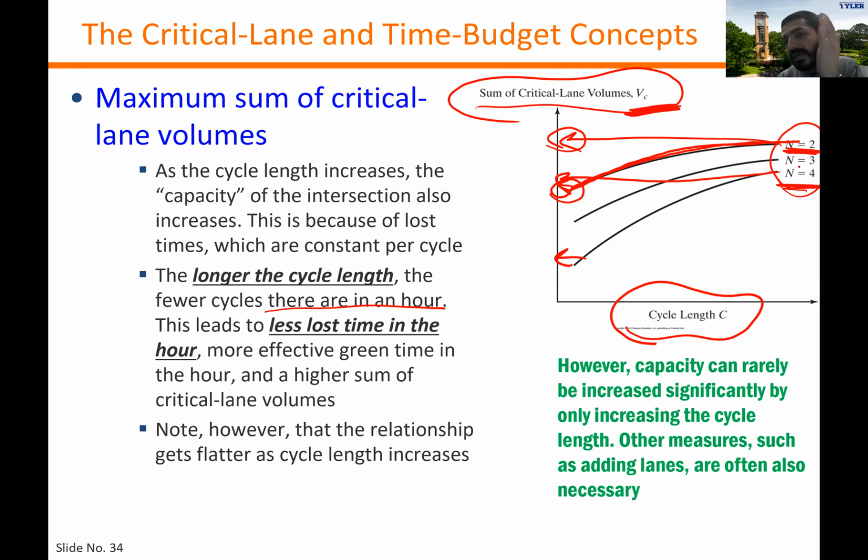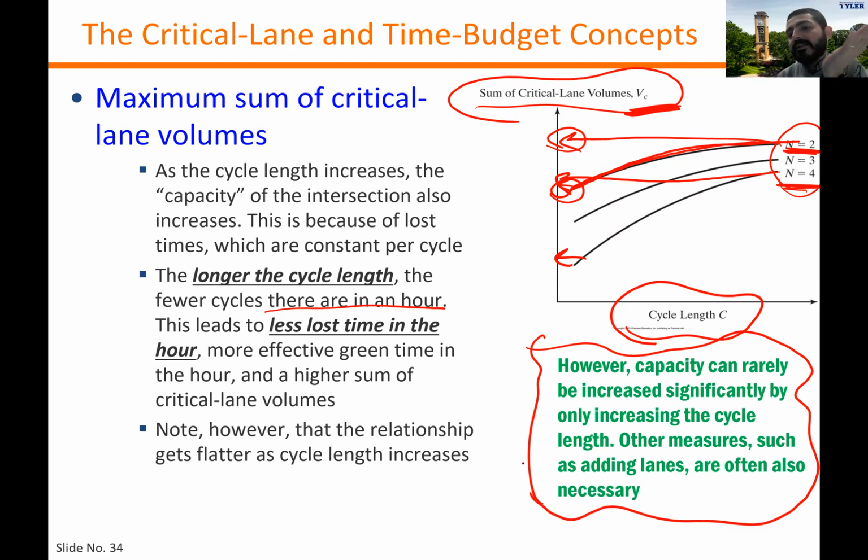But again, at a certain point, and that's why I'm having this disclaimer here, capacity can rarely be increased significantly, as you could see, by increasing the cycle length. At a certain point, this line is plateauing. So it's not really increasing like that.